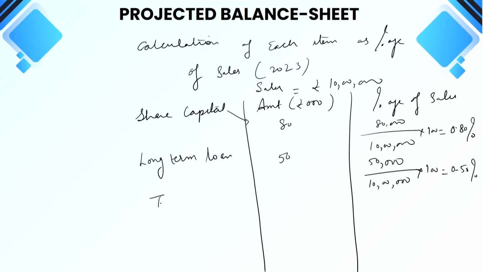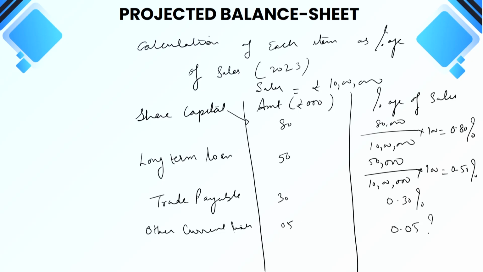Similarly, the trade payables, which were given as 30,000, come to 0.30%. And then other current liabilities, which are given as 5,000 rupees, will come to 0.05%. So we calculated almost all the liabilities given in the question as well as the equity.